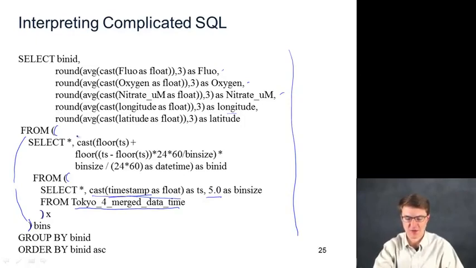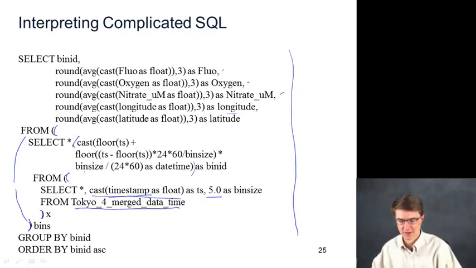And then in the next layer up, we see this hairy expression involving bin size twice. What it's doing is rounding down the timestamp to the nearest 5-minute window. So 6 minutes and 32 seconds becomes 5 minutes, and 11 minutes and 29 seconds becomes 10 minutes, and so on.